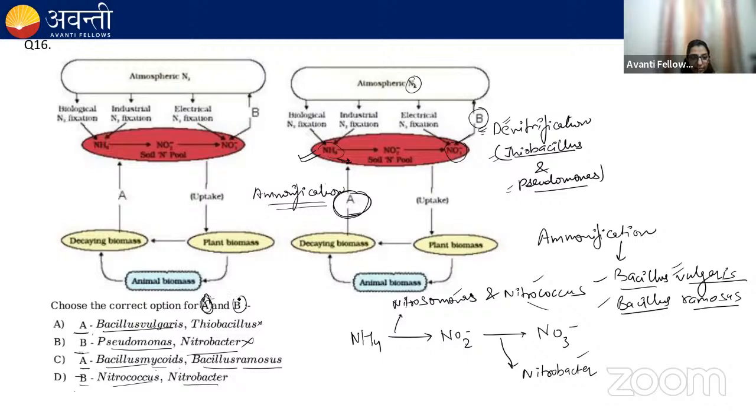So the answer is A, Bacillus vulgaris, and B, Thiobacillus.